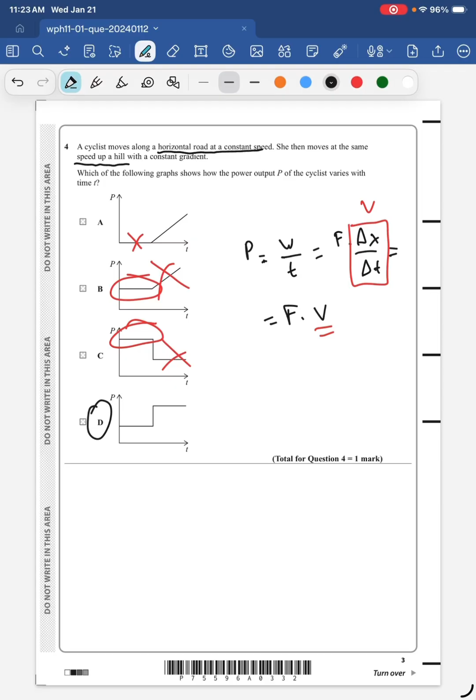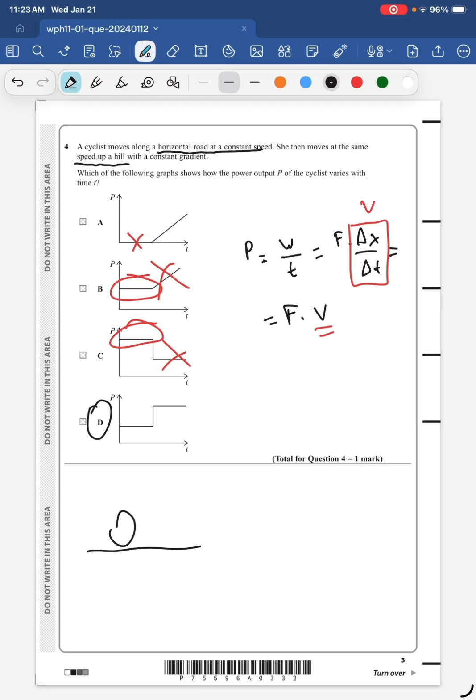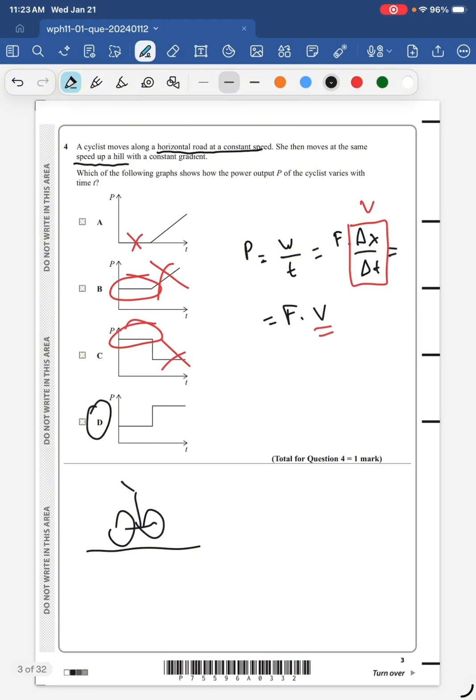I hope this makes sense. I'm trying to think internally now whether there is anything else. So, if you think of the cyclist on the road, okay, so that's the cycle, I guess. Something like this. So when she goes on a constant road, she exerts some force on the pedals, I guess.